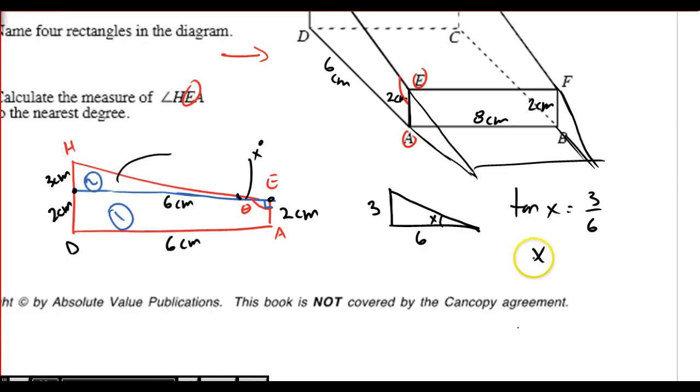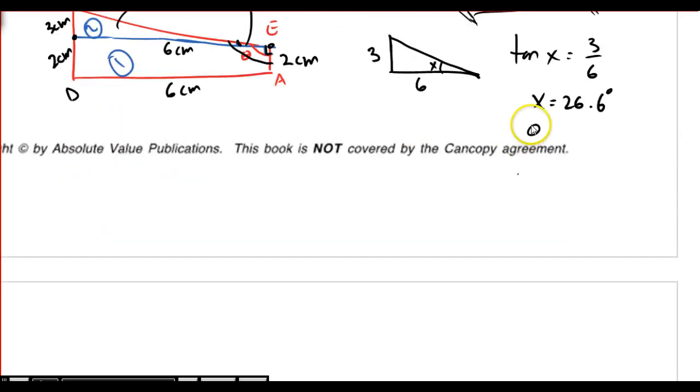So x equals 26.6. And remember, the question asks for the entire angle, theta. So I'm just going to add the 90 from the rectangle. So that's going to be 116.6. So theta equals 116.6, because I'm going to add the 90 to there.